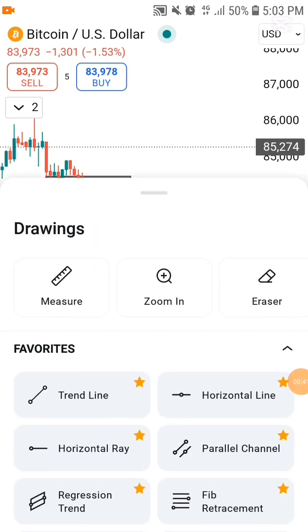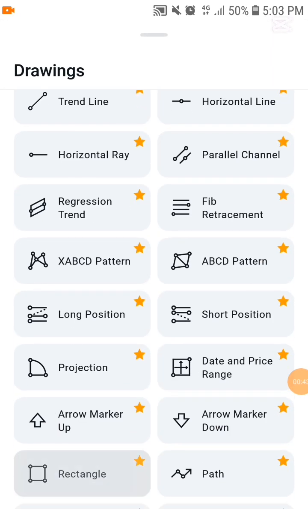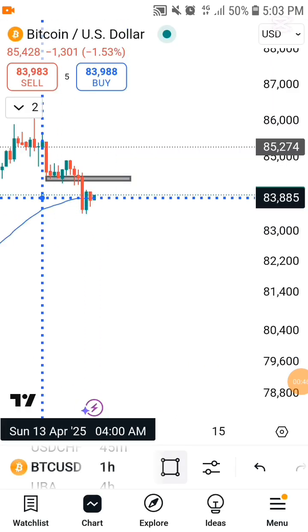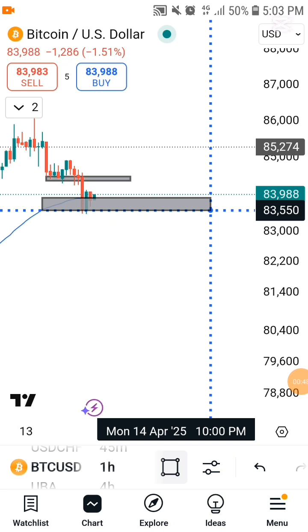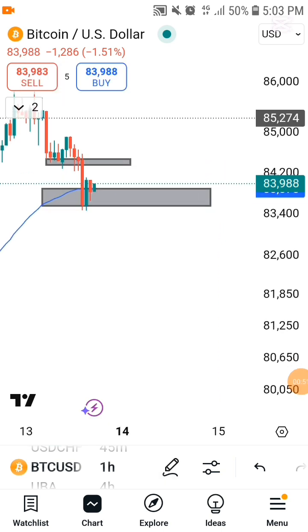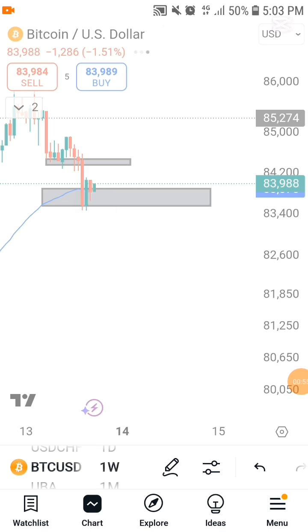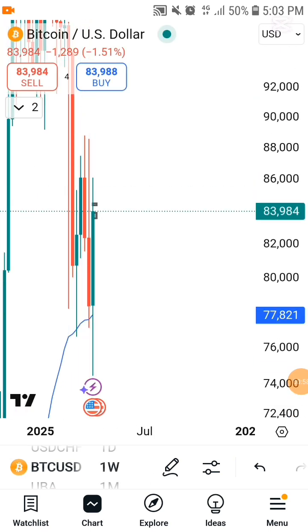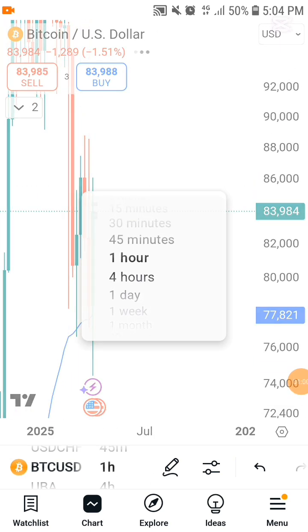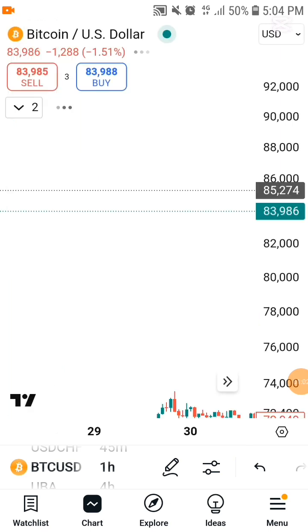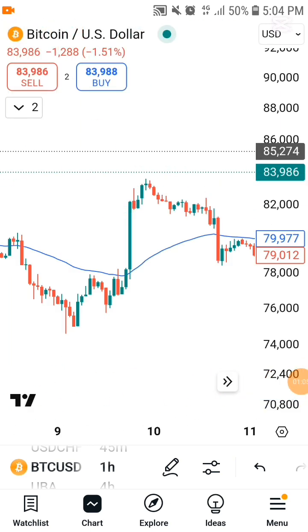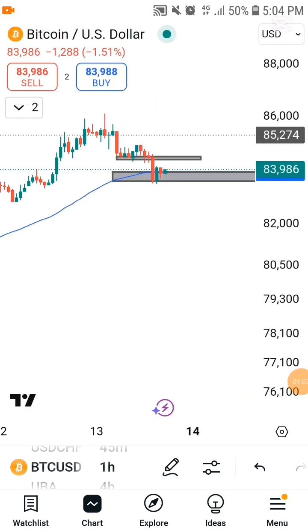This is your 1 hour support. Immediately this market hit this support, it begins to retrace back to 30 minutes. So if you buy this market from this 1 hour, you are to take your profit at the 30-minute resistance.